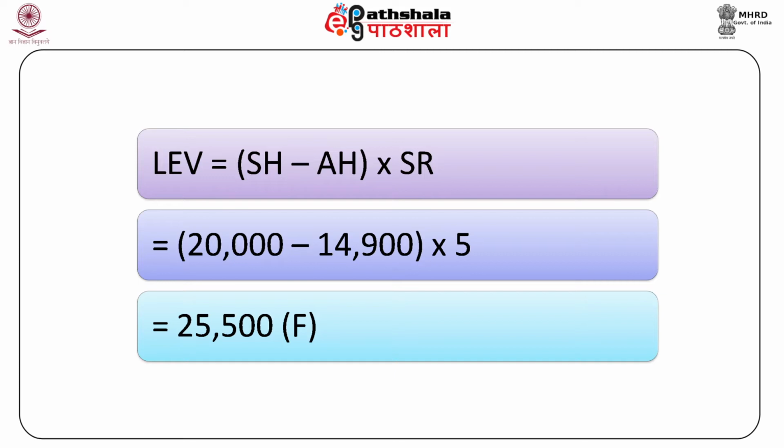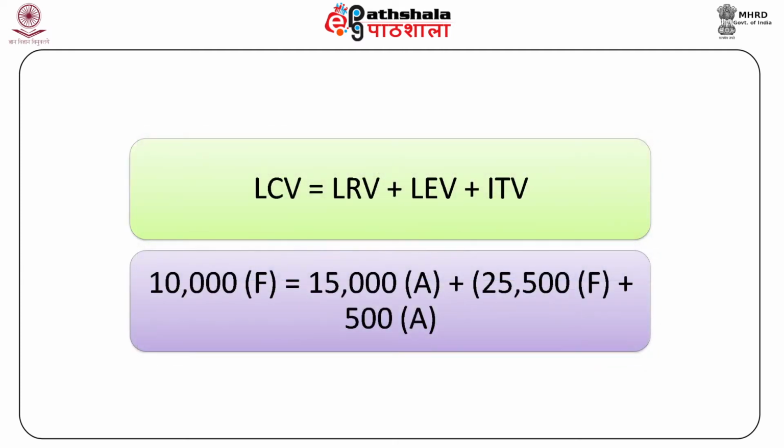LEV, which is equal to SH minus AH into SR, will now be equal to 20,000 minus 14,900 into 5. That will make it 25,500 favorable.